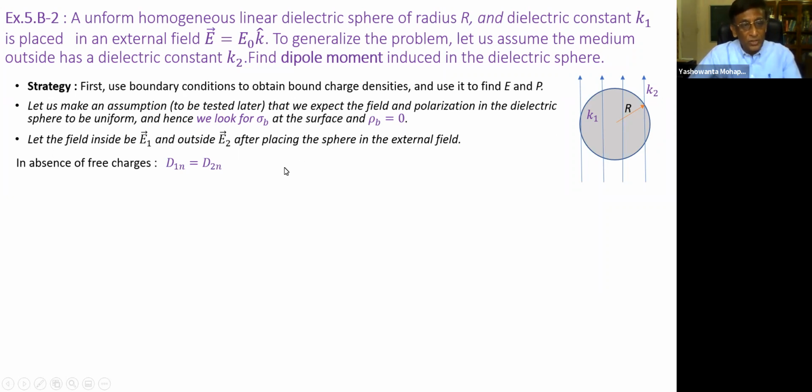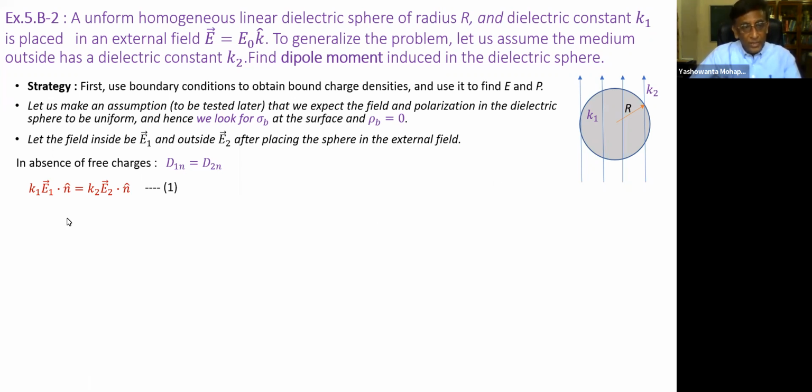I know E1 and E2, so I should be able to translate this in terms of E1 and E2. That is K1 E1 dot n, where n is of course r hat in this problem, equals K2 E2 dot n. So I am using this boundary condition to write this as my first equation.